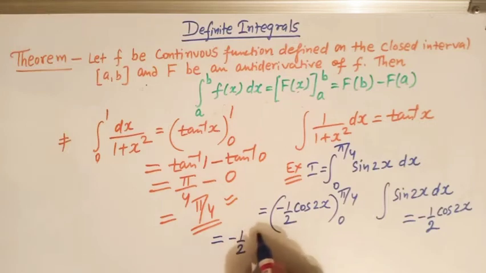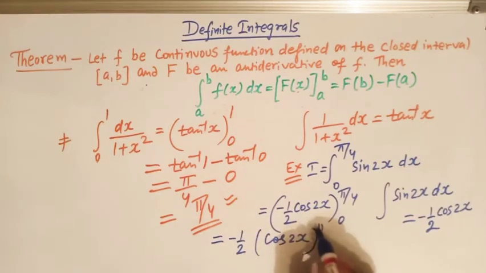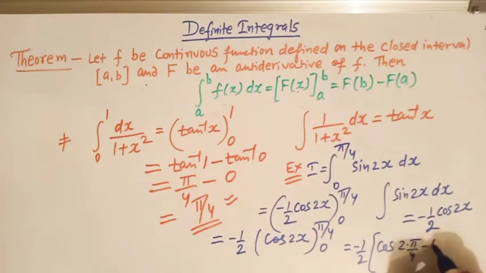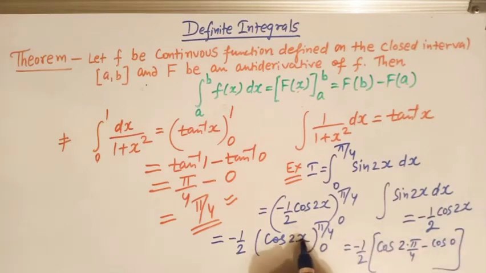So this is minus half, then we have cos 2x, from 0 to pi by 4. Now we'll substitute x equal to pi by 4, so this is 2 times pi by 4, then we have cosine of 0, right, because here we'll substitute x equal to 0.